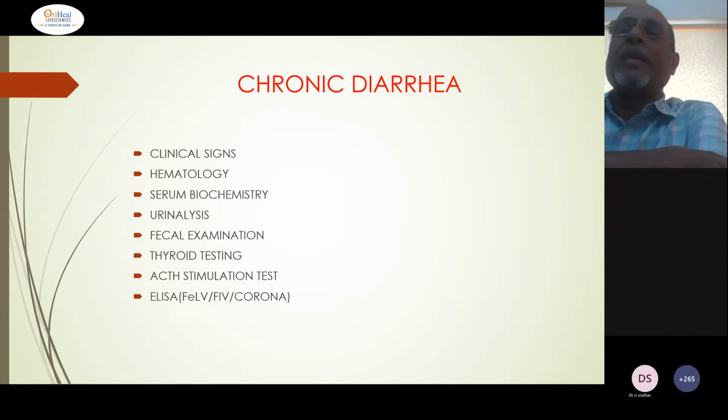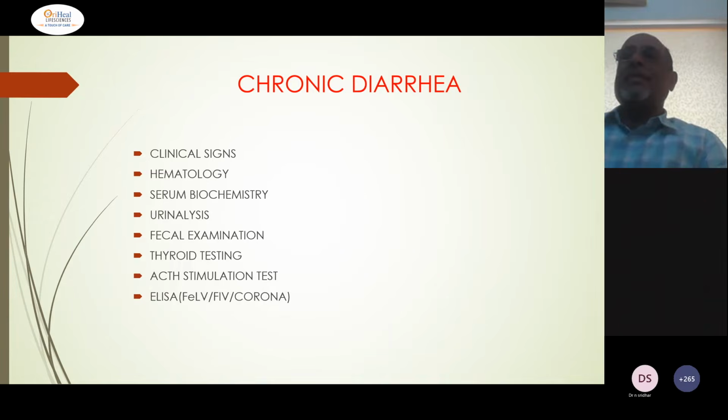All these things will be there along with your low T4. The ACTH stimulation test is again very important to diagnose hypoadrenocorticism. Again, we know about ELISA, same as in acute diarrhea. For all viral diseases, we need to do ELISA.